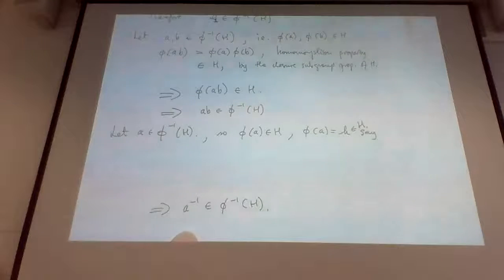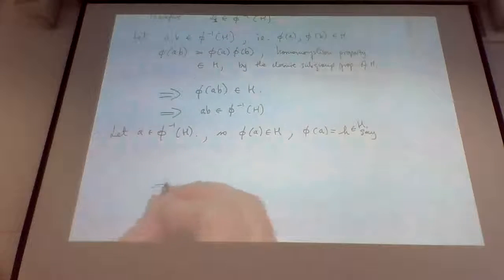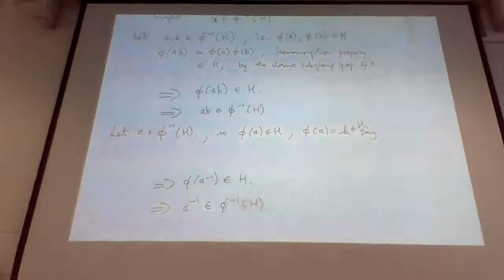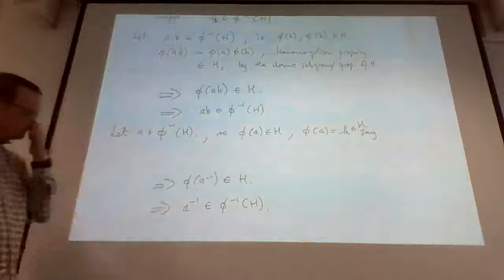Well, if you want to show the inverse is in phi inverse of H, you want to show phi of A inverse is in H, don't you? That's the definition of being in the inverse image.